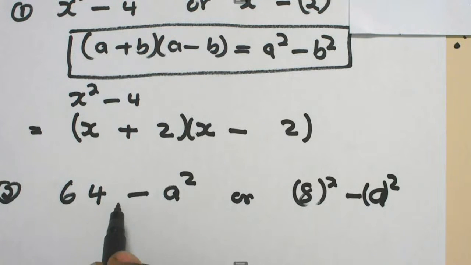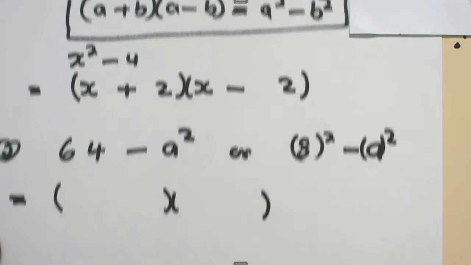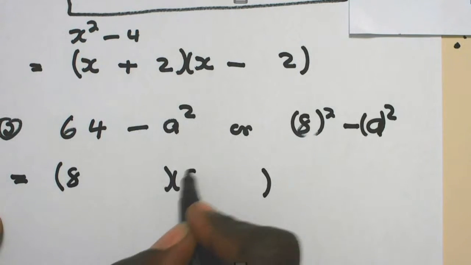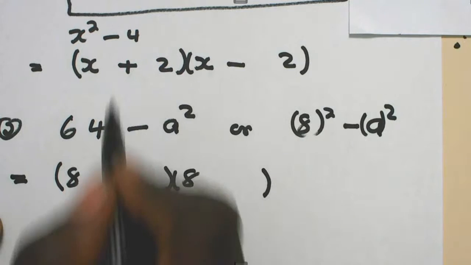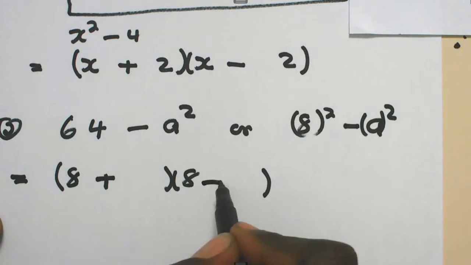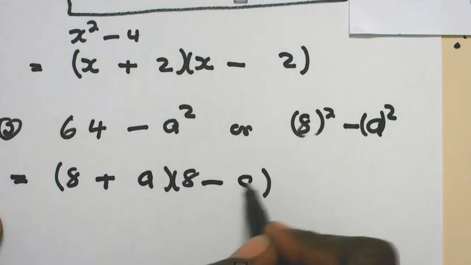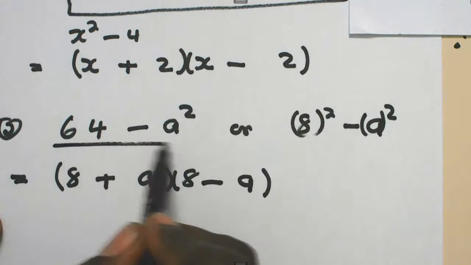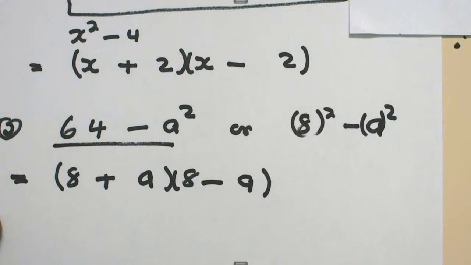Now, if you write the factors of this, it will be 2 brackets, and then 8 and 8, and then you have positive, and you have negative, and then you have a and a. These are the factors of this expression when you're using difference of 2 squares.